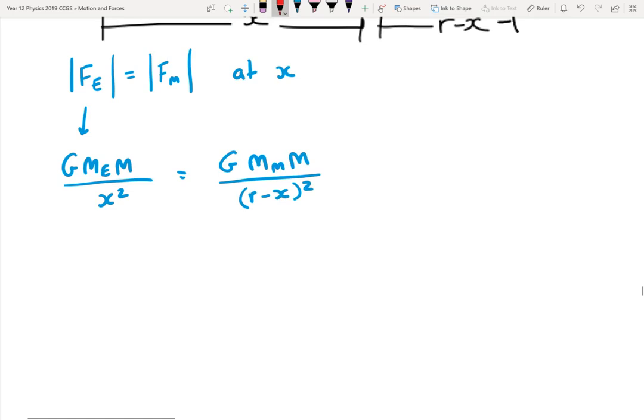What can we cancel? The mass of the object at the Lagrange point does not factor, nor does G.